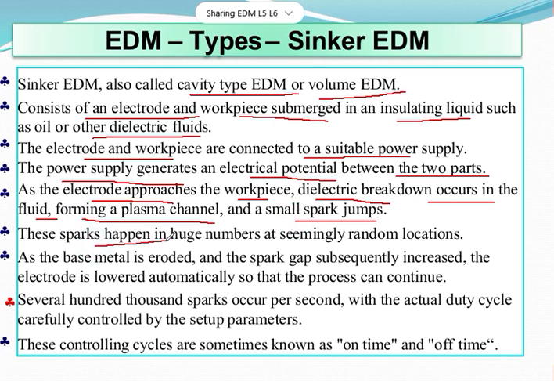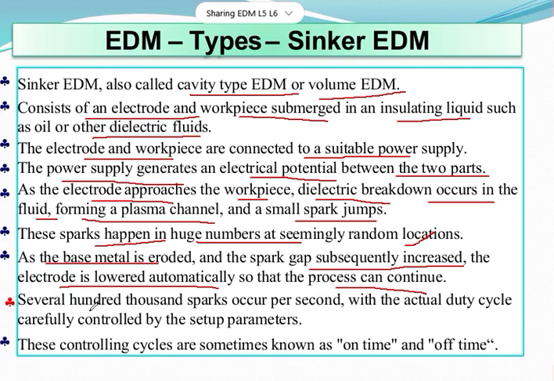And this spark basically happens in huge number at seemingly random locations. Now as the base metal is eroded, the spark gap subsequently increases. And the electrode is lowered automatically so that the process can continue.